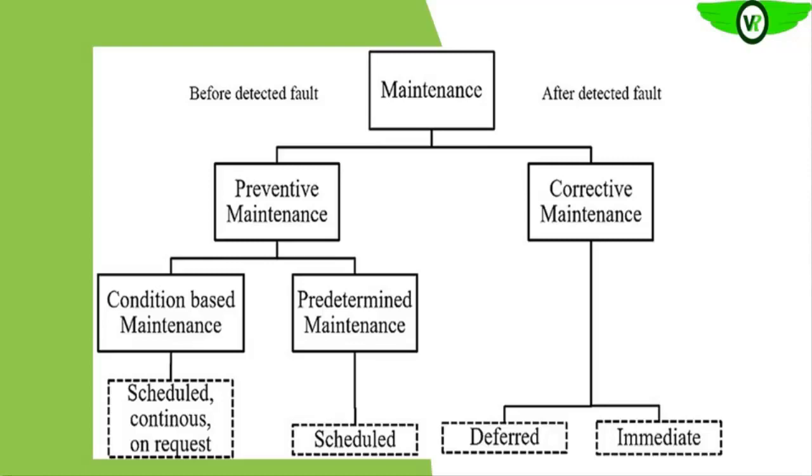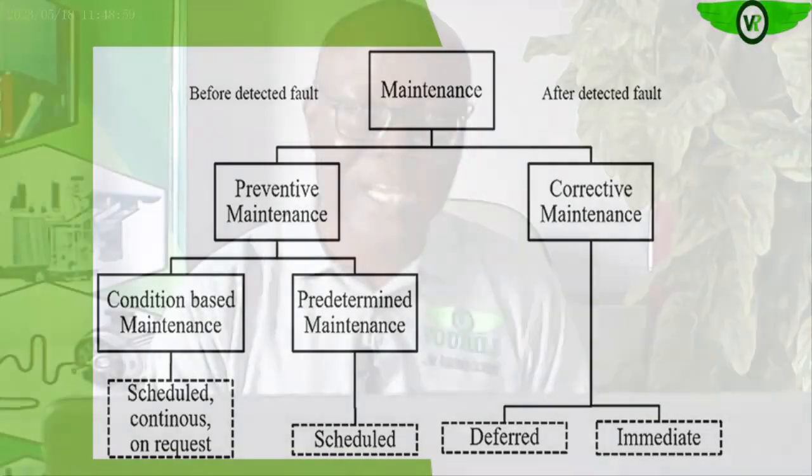Remember earlier in this section we talked about run to failure or breakdown maintenance. That's a maintenance strategy. But if you allow an equipment to run to failure, there are dangers associated with it, in that as the equipment fails, it can cause problems either downstream or upstream.